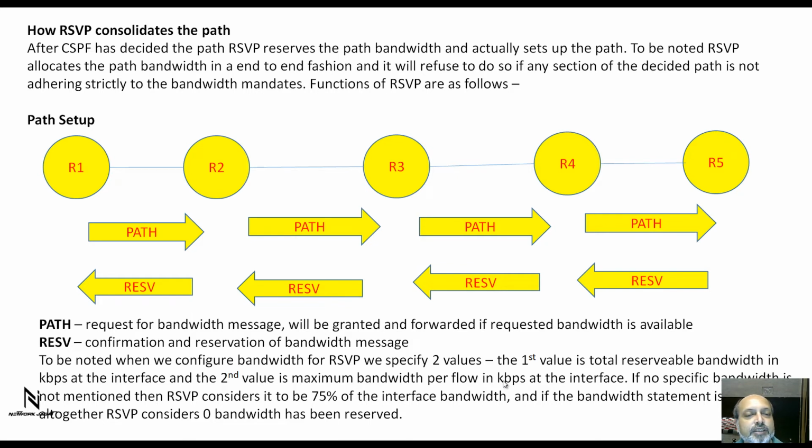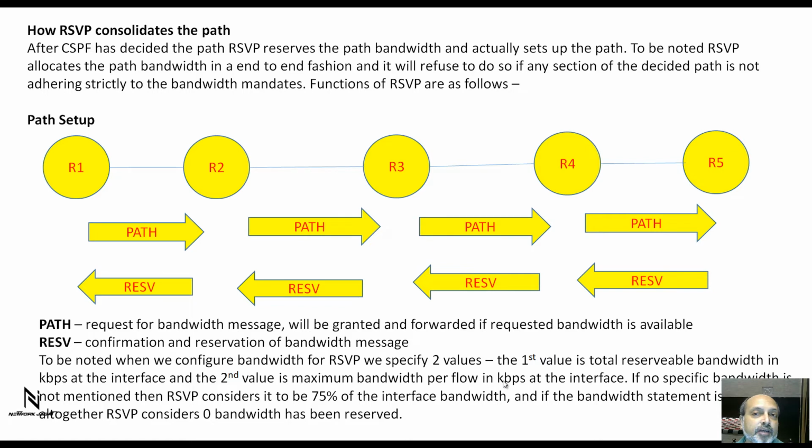So if my interface is a 1 Gbps interface, then RSVP will be reserving 750 Mbps for it, right? 75% bandwidth. And if I drop the bandwidth statement altogether, then RSVP will not preserve any bandwidth.